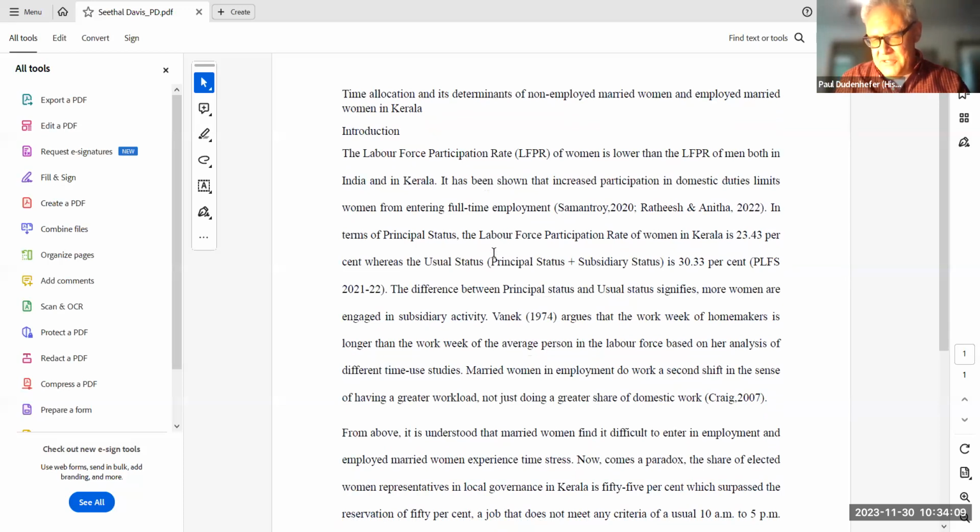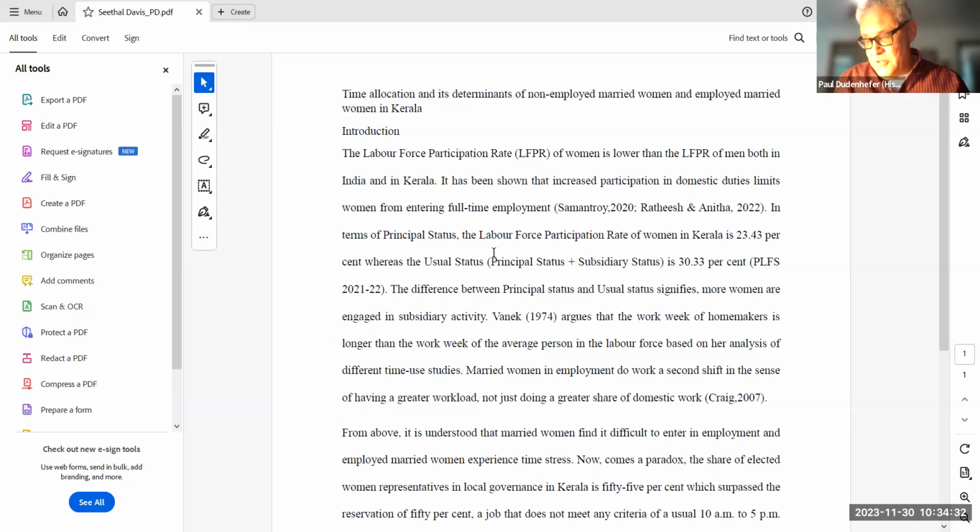And what I think you're trying to figure out is, in order to have time to function as a representative, these women have to allocate their time in certain ways so they can free up enough time to function as representatives.